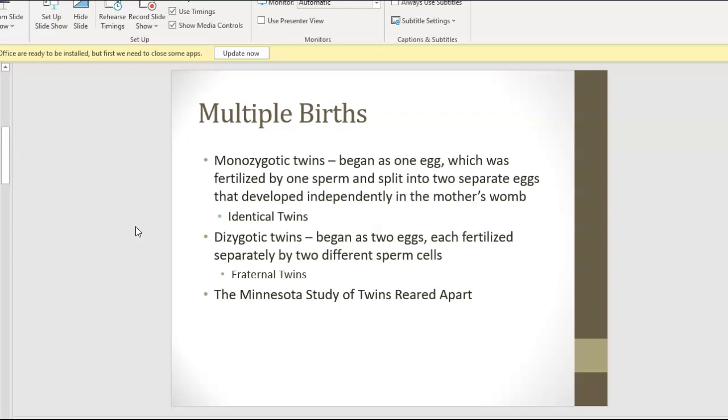But there were differences, and the differences had to be due to their environment. So this is how we really began to understand the combination and impact of genetics plus environment, because they kind of controlled for it with the genetics being so similar. They knew that these characteristics were identical, but that the differences had to be coming from the impact of the environment.